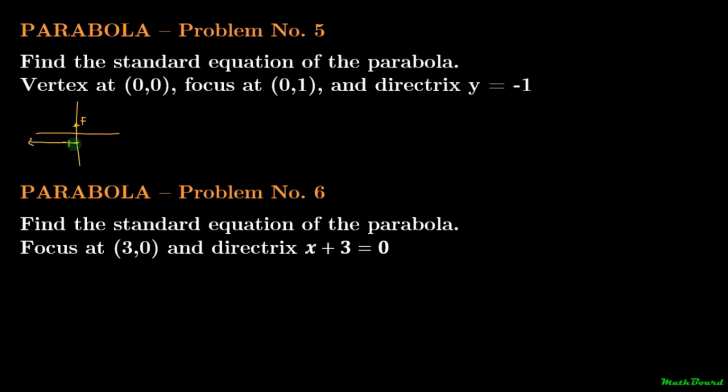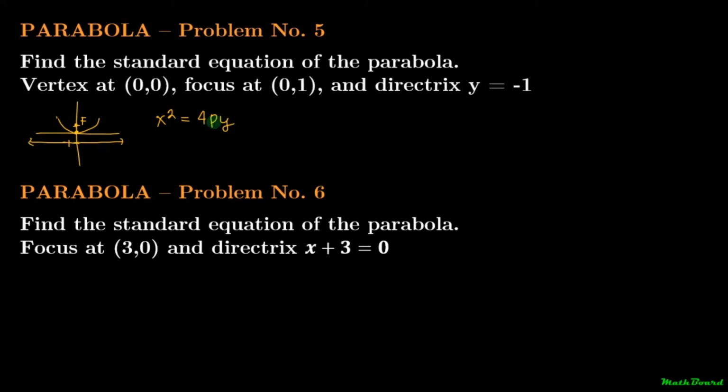So, this is our directrix. Therefore, the parabola opens upward, given that the vertex is located at the origin. Thus, the standard equation follows x squared equals 4py.